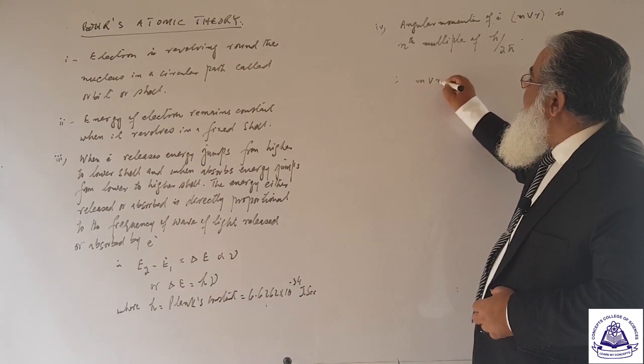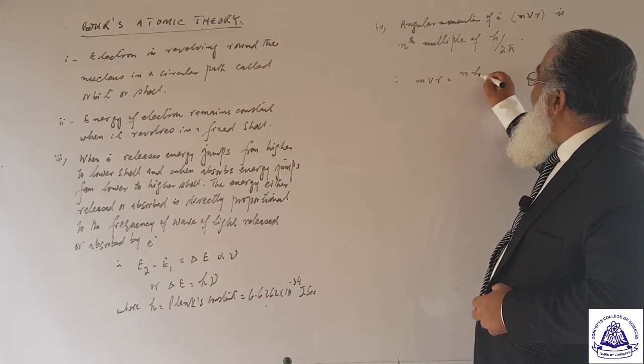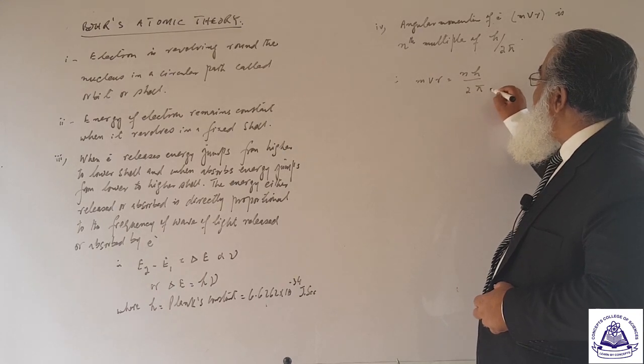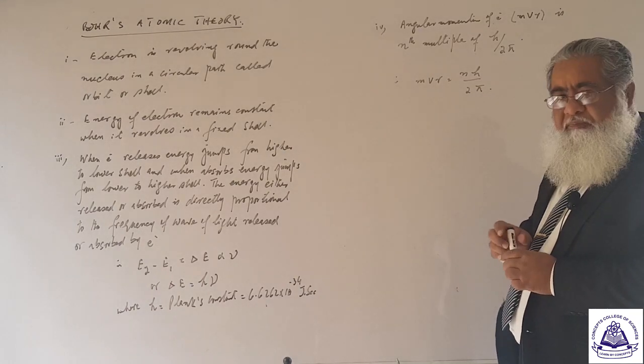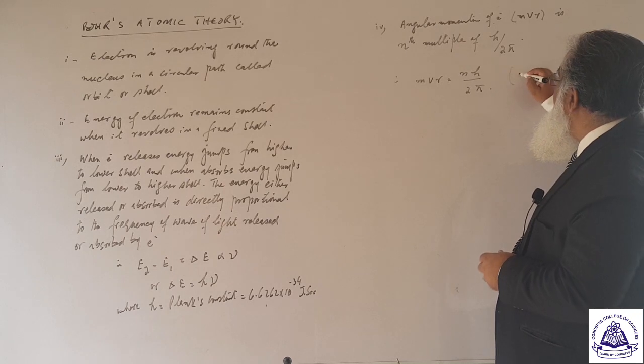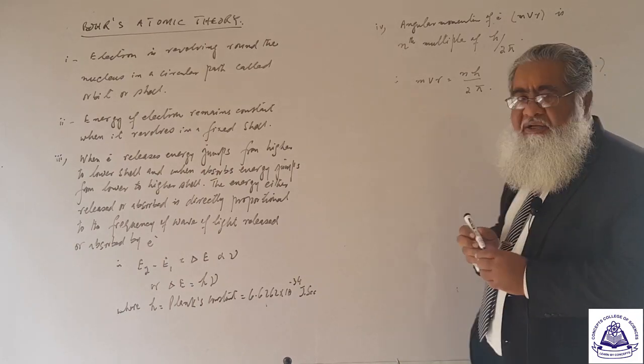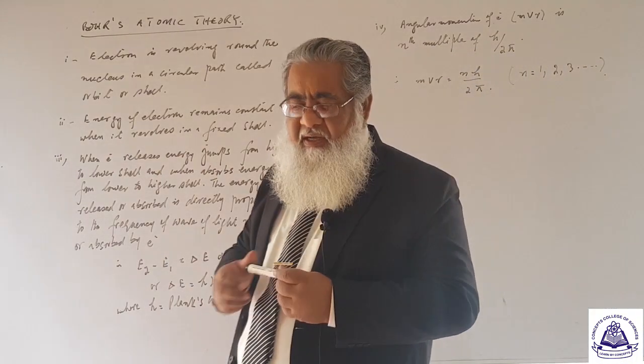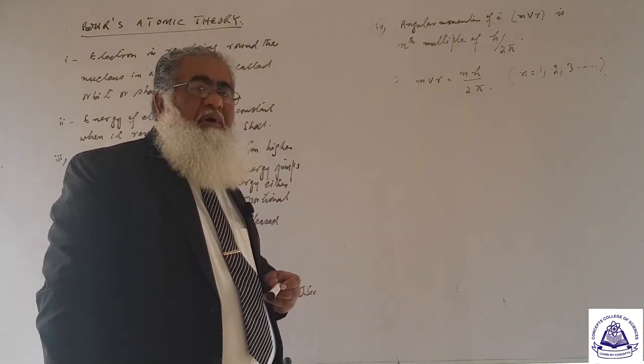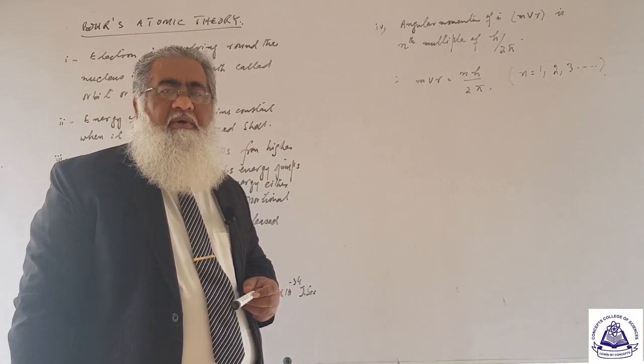Therefore, mvr is equal to nh over 2 pi. Here n is equal to 1 for first shell, 2 for second shell, 3 for third shell, and so on. These are the postulates of Bohr's atomic model.